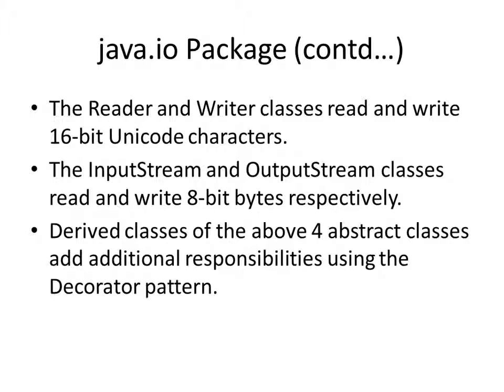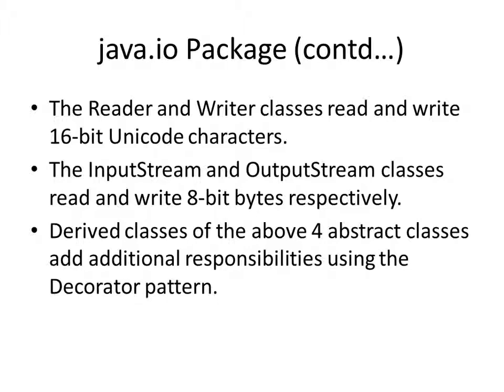So we have these four classes which are all abstract classes. Two for readers and writers, which is for character streams, and two for byte streams, which is the input stream and output stream. And then the Java IO package has a large number of derived classes which derive from either the readers and writers or the input stream and the output stream classes.